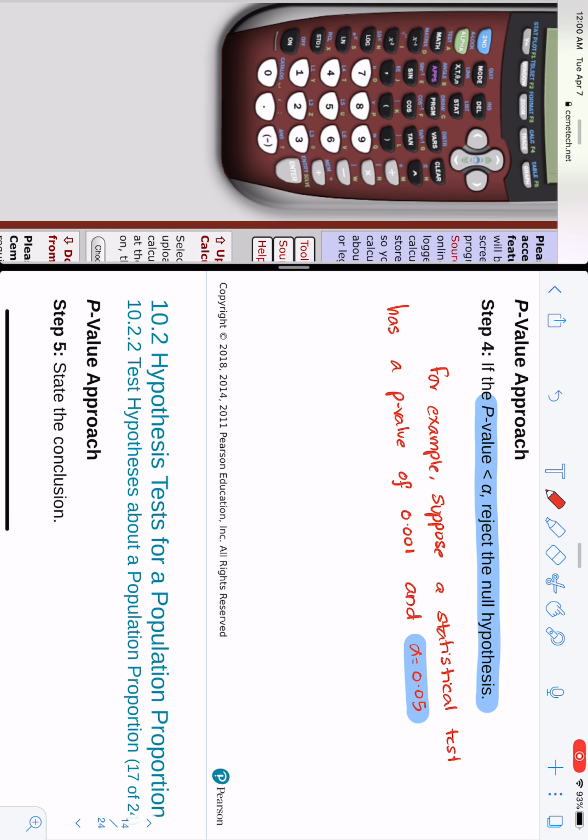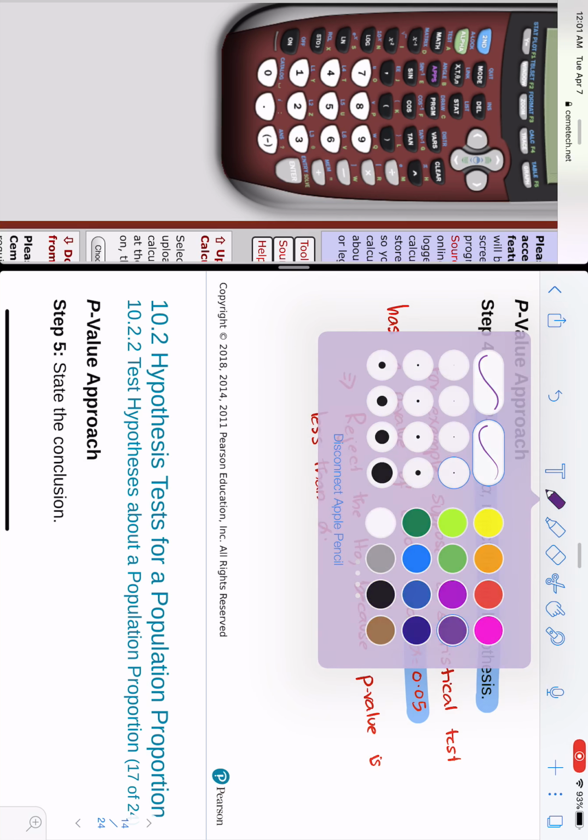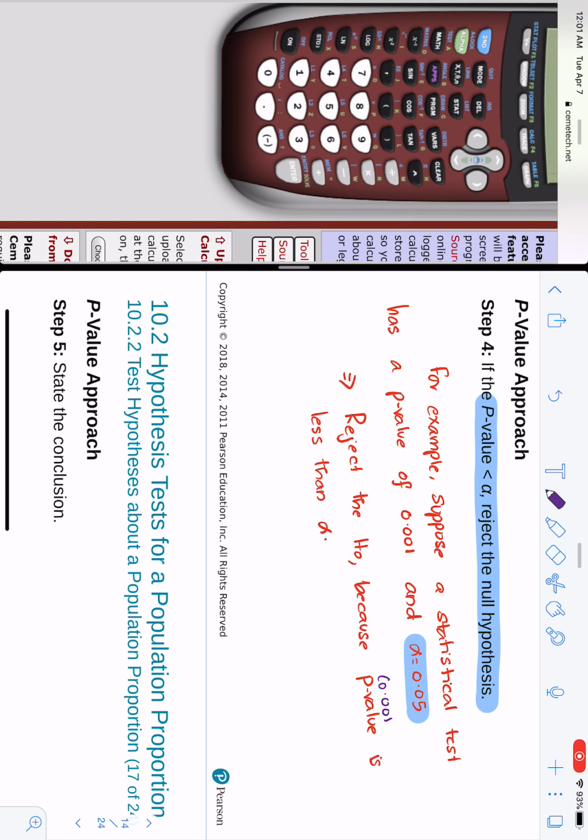So what would the conclusion be? In this case, we would reject the null because p-value is less than alpha. So p-value is 0.001 and alpha is 0.05, and clearly p-value is less than alpha.